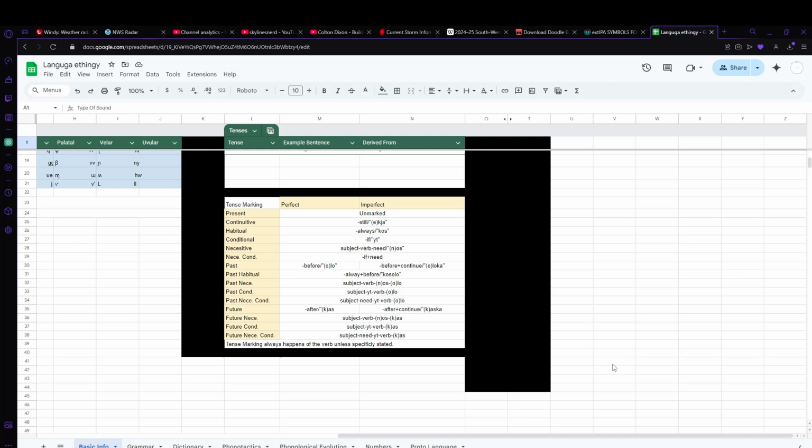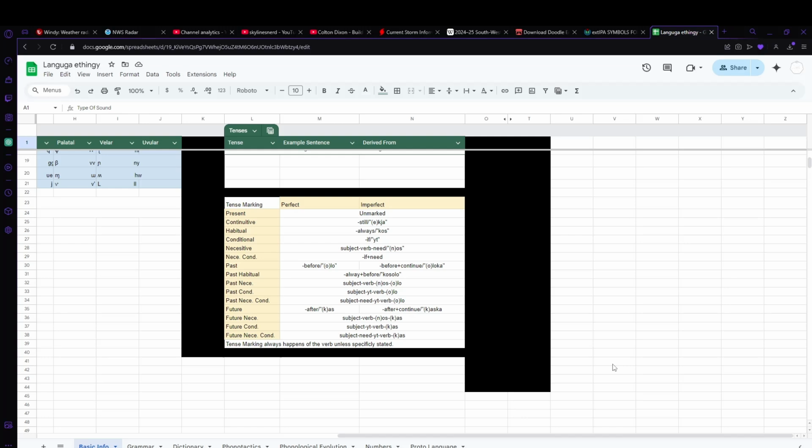And then the imperfect past, which is before and continue, which is oloka. Then we have the past habitual, which is always and before, kosolo. The past necessive, which is subject, verb, nos, olo, or subject, verb, necessive, past. Then we have past conditional, subject, if, verb, olo.